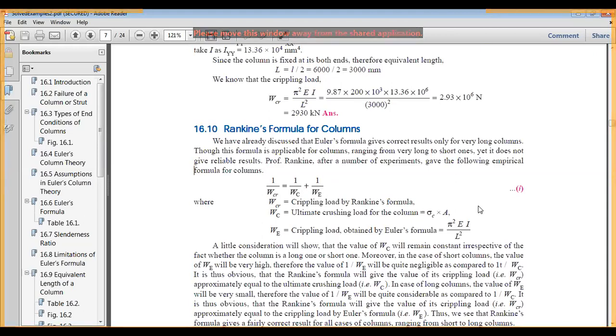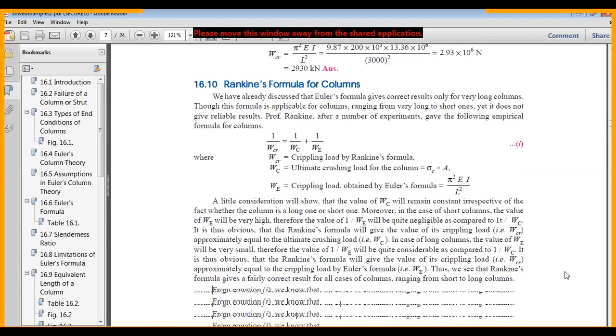The ultimate crushing load is sigma C into A, where sigma C is the crushing stress and A is the cross sectional area. This is the crippling load that we have earlier calculated by Euler's formula, and taking reciprocals and calculating, you can see the result.